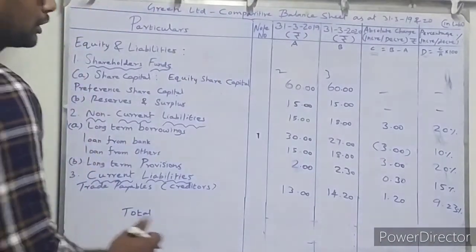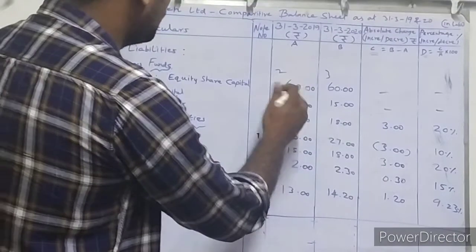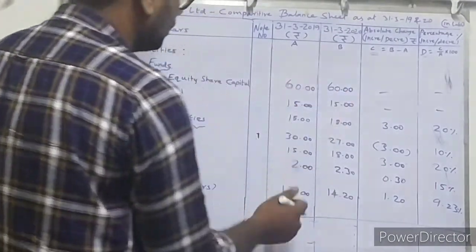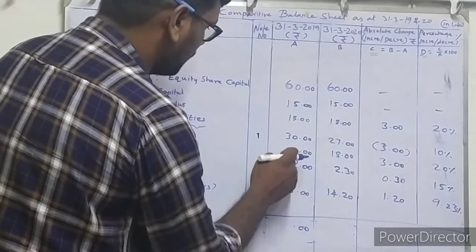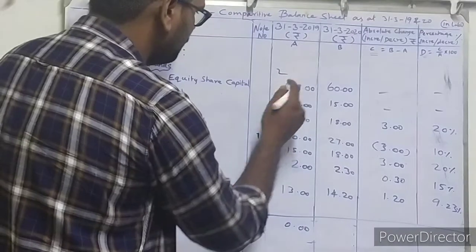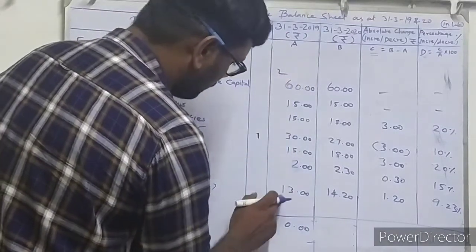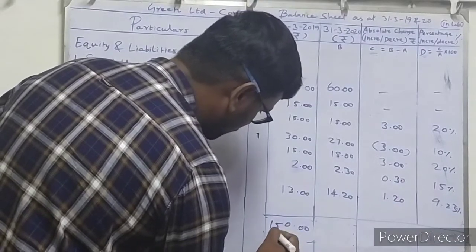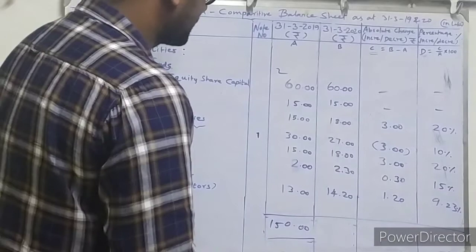So now we are going to total all those things. Check it out. 0, 0, 3 plus 2, 5, 10, 15, 20, 0, 2, 8, 9, 10, 13, 14, 15. 1 crore and 50 lakh, or 150 lakhs.